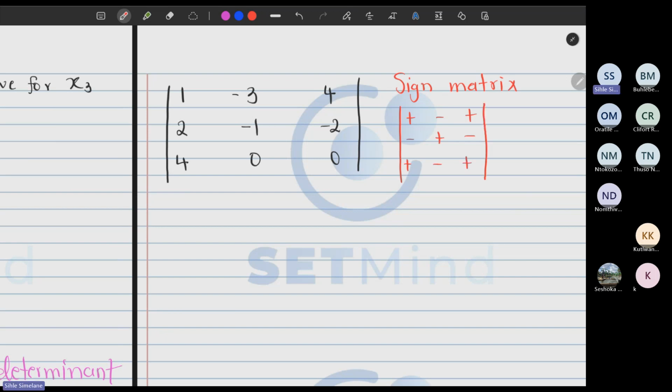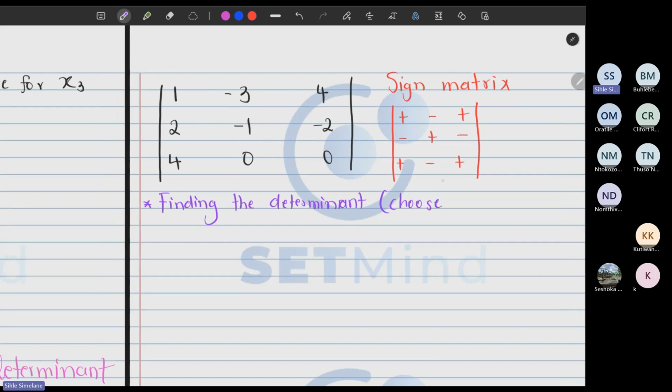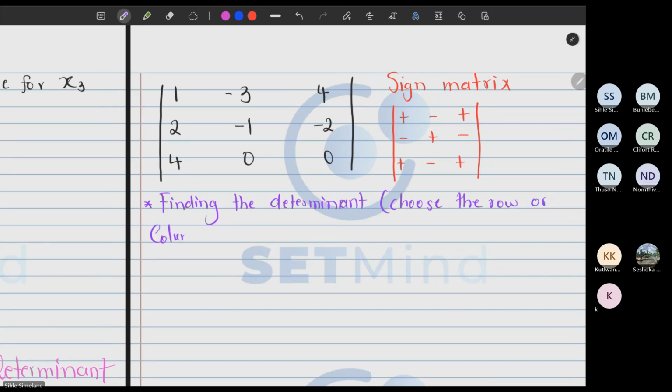If you remember how we find the determinant of a 3 by 3 matrix, we choose a row or a column, which we will use to traverse. And when you are finding the determinant, choose the row or column with many zeros. Because that makes your life easy.